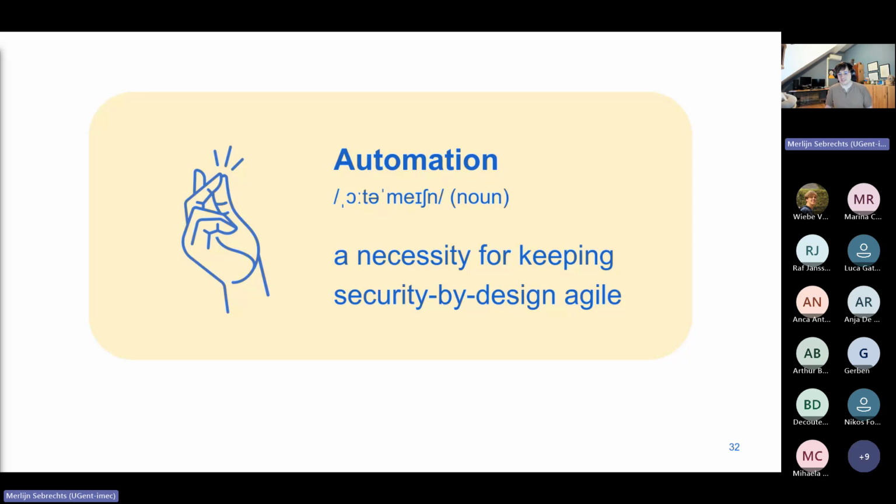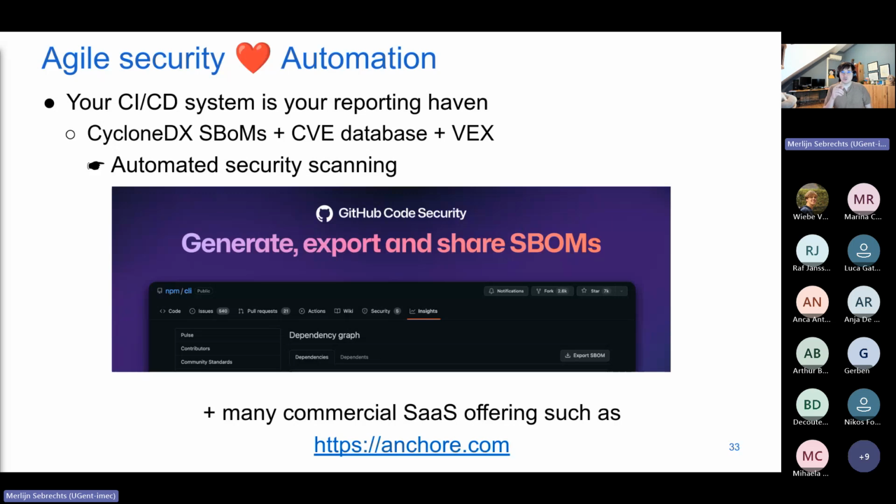A lot of the technical requirements in the EU CRA are actually requirements that can be almost completely automated. Automation is a necessity for keeping the security by design process agile. For example, your CI/CD system is your reporting and compliance haven. For example, I talked about software bill of materials.